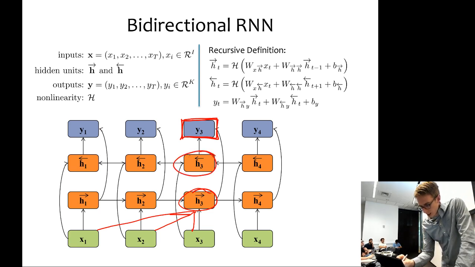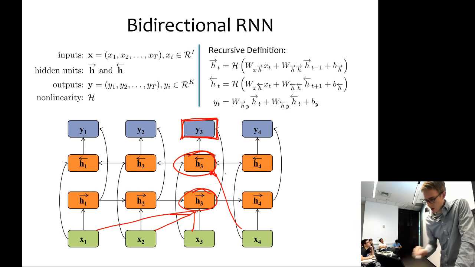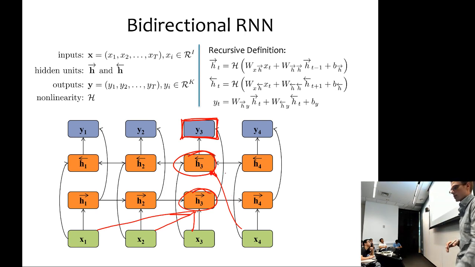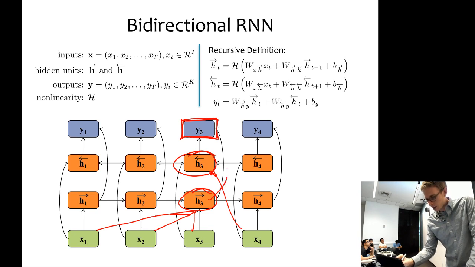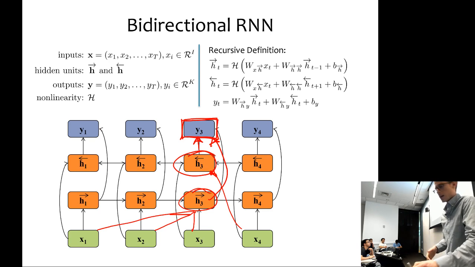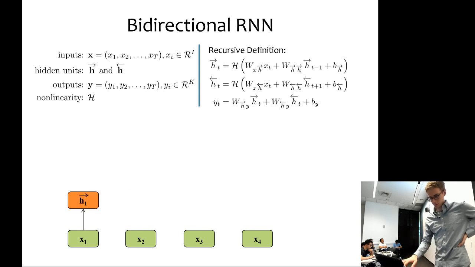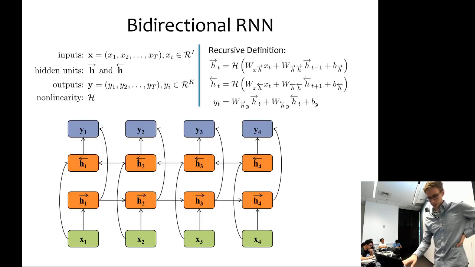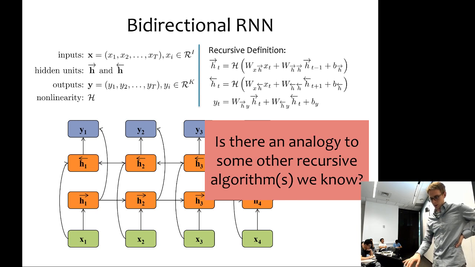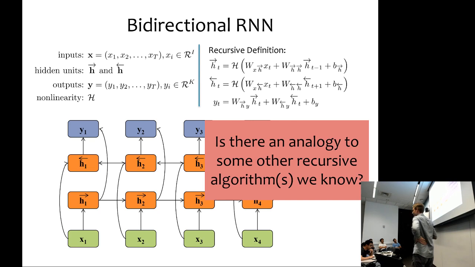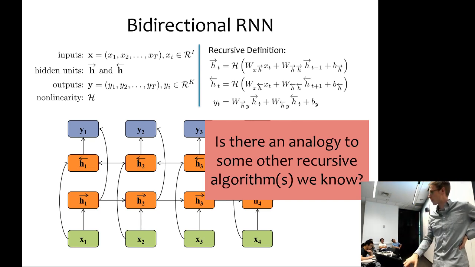And this H3, coming from the other direction, is going to encode everything about all of the following words. And so putting the two together and feeding them into Y3 here is going to be some representation of the entire sentence all at once. Okay, so this is just that picture again. Okay. So if you know HMMs, this should look awfully familiar, since it's kind of akin to the forward-backward algorithm.